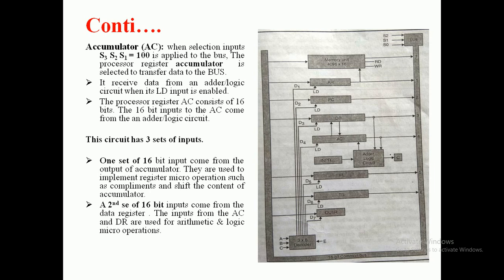This output of the accumulator is used for implementing micro-operations like complement, rotation, increment, decrement. Similarly, the second set of 16 bits is received from the data register, and this is used for adding the content, subtracting the content, or logical operations between the registers.